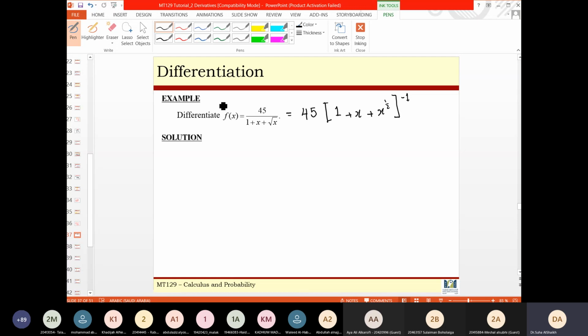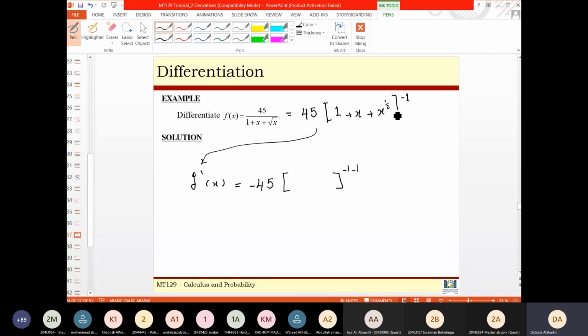Now I can apply the power rule. According to the power rule, the derivative of this function is the derivative of the bracket multiplied with the derivative of what's inside. So this will be minus 45. The minus comes down, it's minus 45, the bracket to the power minus 1 minus 1.